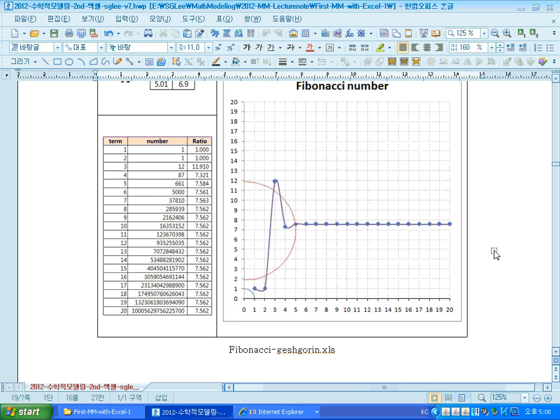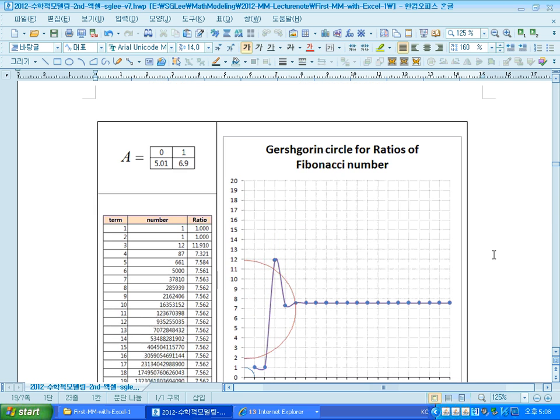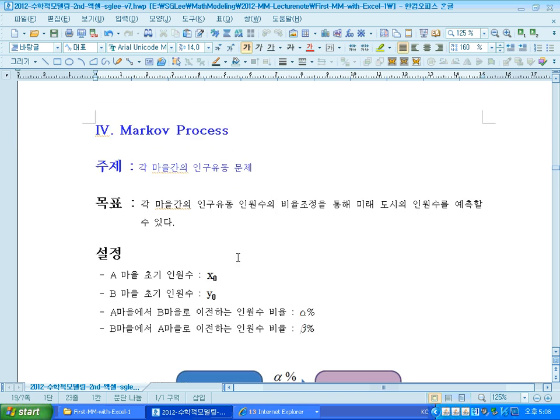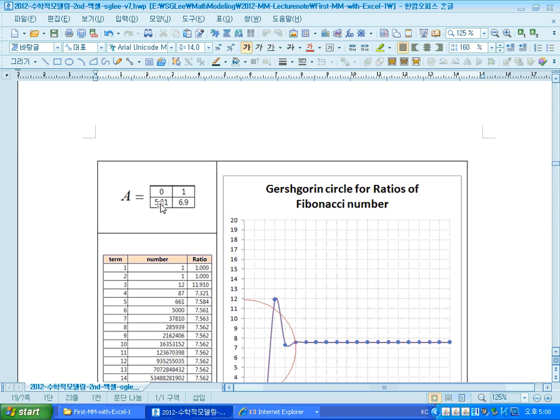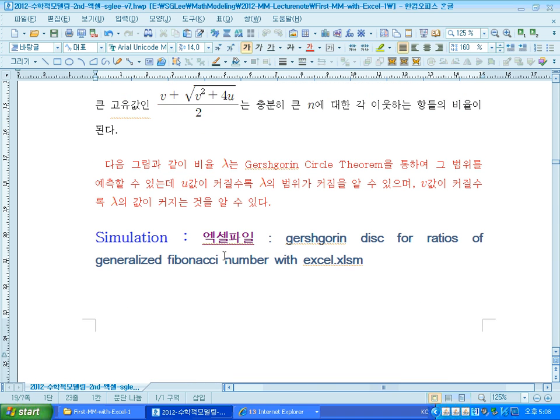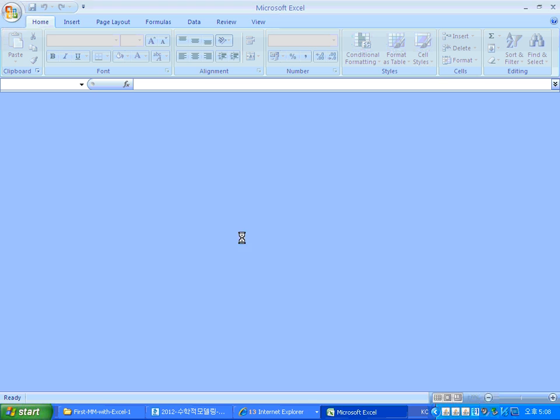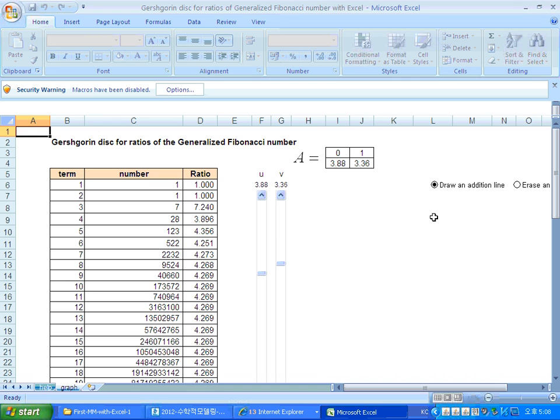So if we give a scroll bar to control this U and V, then we will see an interesting fact.